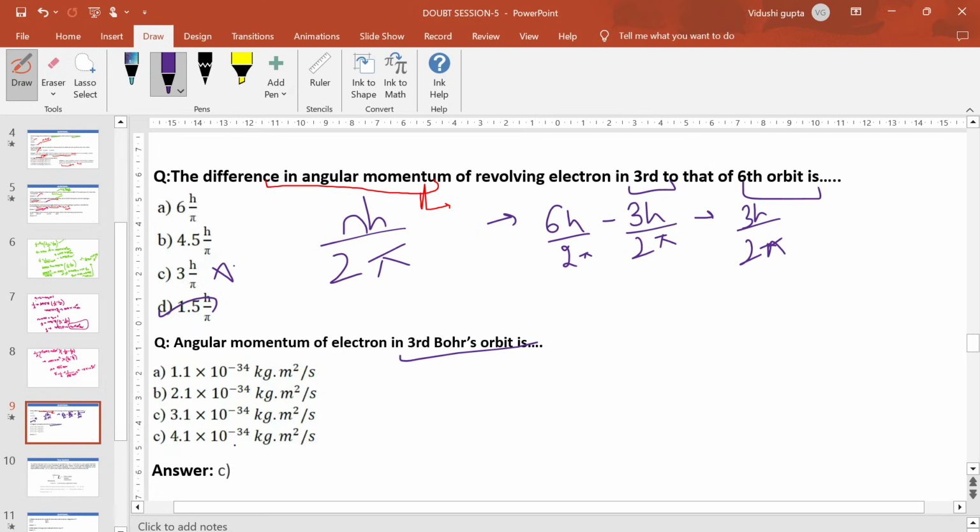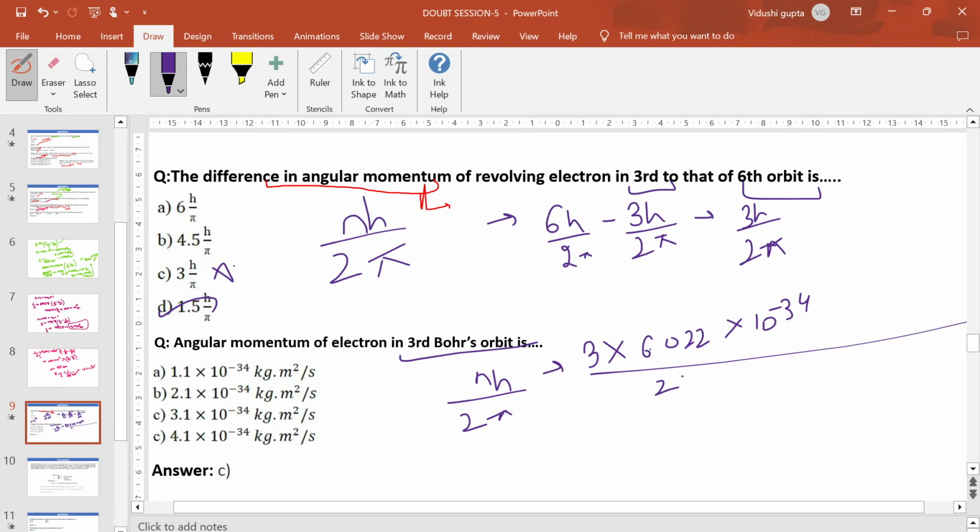Moving to next, the angular momentum of the electron in the third orbit. Now you know everything. Which formula to use? nh upon 2 pi. Same. Use nh upon 2 pi. n is 3. h is 6.022 into 10 minus 34 upon 2 into 3.14.